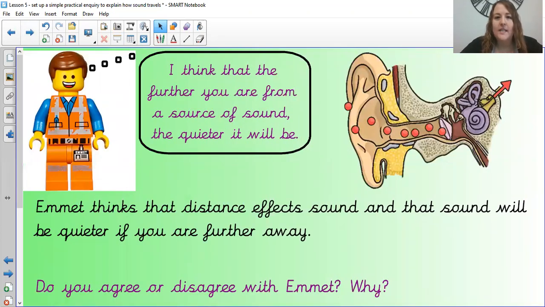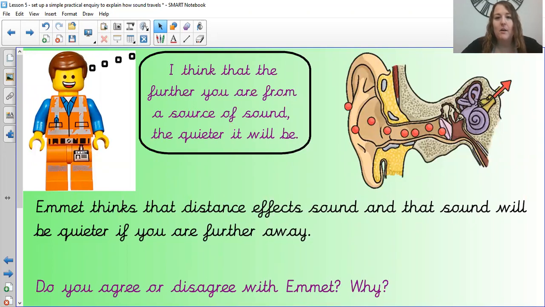Okay, so we're going to start straight away with our Emmet problem today. And Emmet says, I think that the further you are from a sound source, the quieter it will be. Emmet thinks that the distance affects the sound and that sound will be quieter if you're further away. Do you agree or disagree with Emmet, and why?